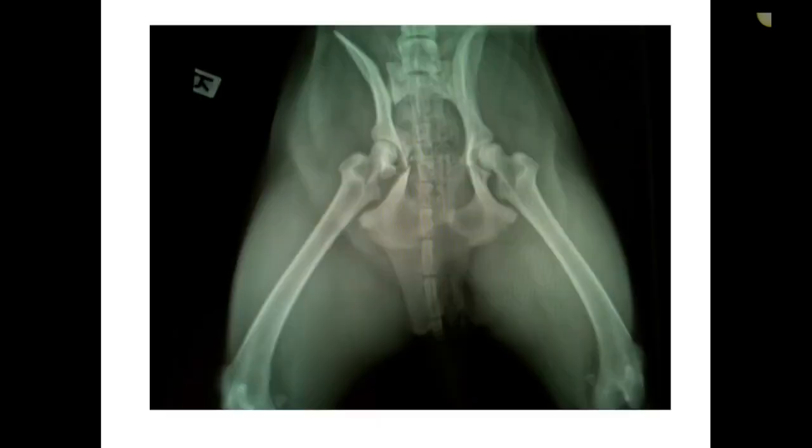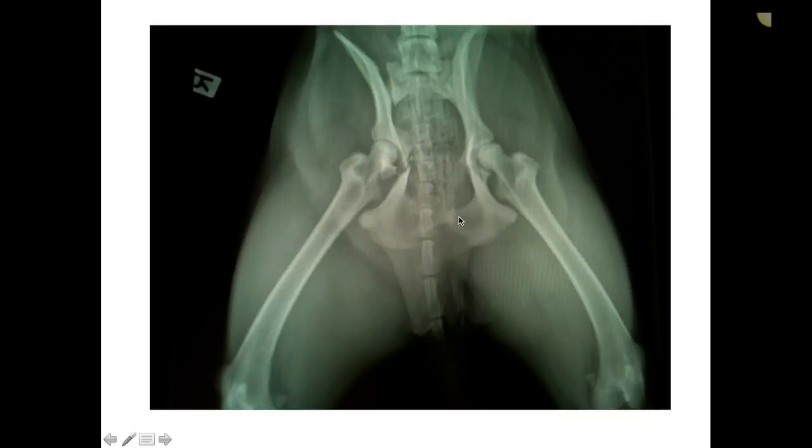Oh yes, this is an interesting image, one that I found on the web, just to show you some things that, again, you need to know the normals before you can know what an abnormal looks like. What the heck is wrong with this picture? This is a radiograph of a pelvis and the femurs. So pelvis, femur, vertebrae. Look at this poor animal. It has a broken pelvis, a severely broken pelvis, and then it's shifted as well.